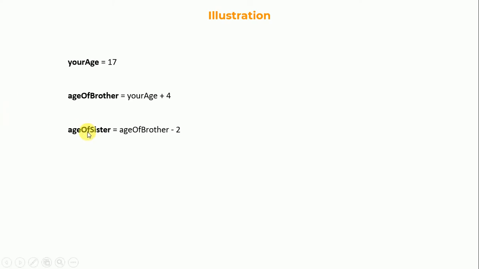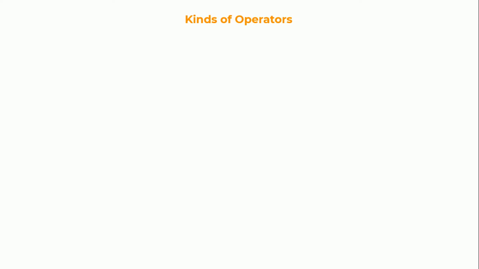Take note, this does not change the value of age of brother. We only made a copy of it to do our calculation for age of sister. So now, your age is 17, the age of your brother is 21, and the age of your sister is 19. Even after the age of your sister became 19, the age of your brother still remains 21, because we never did a new assignment to change its value.